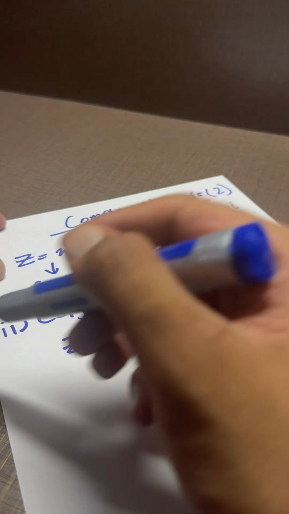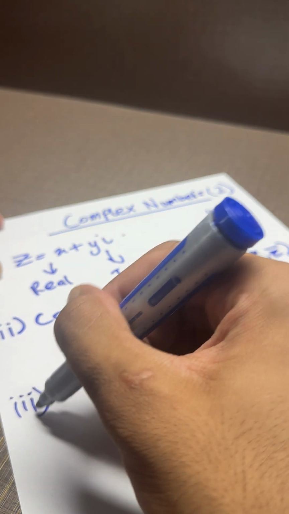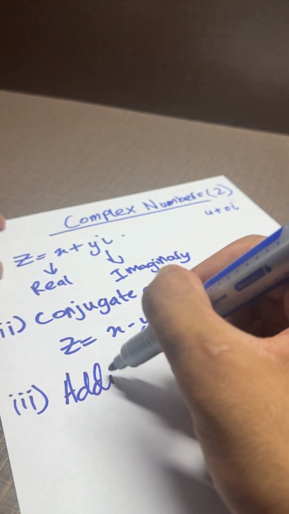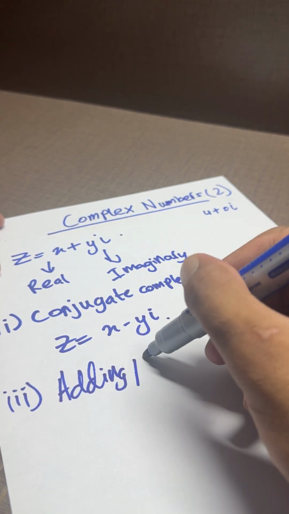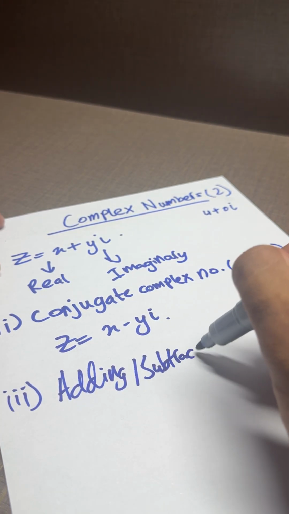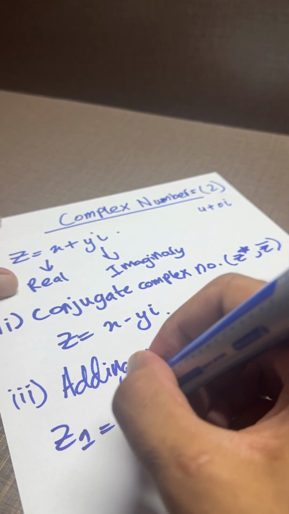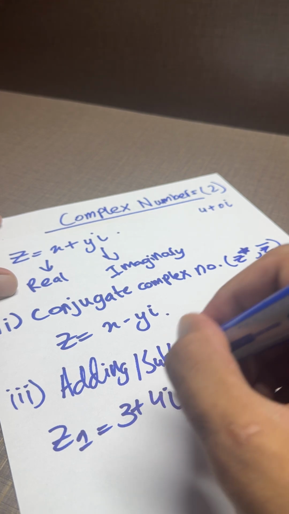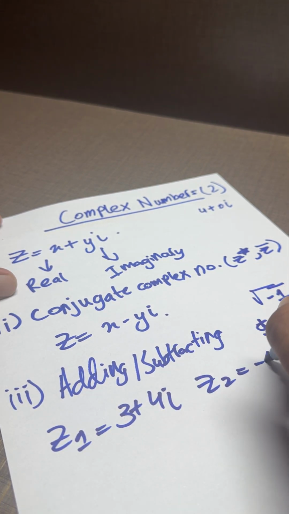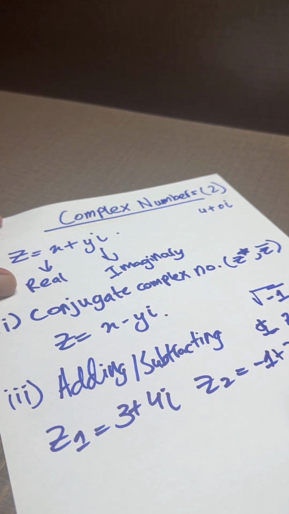Now we should learn about adding and subtracting because it is really simple. We can just do it in this lesson. For example, z1 we take as 3 plus 4i and z2 we take as minus 1 plus 2i.